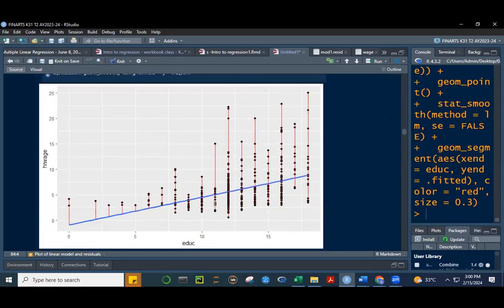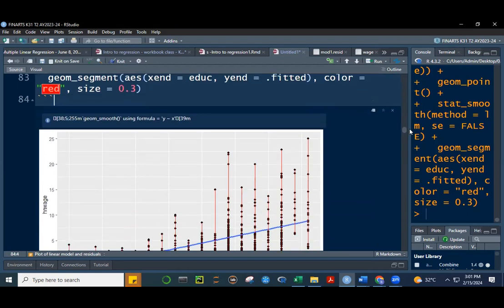The vertical lines joining the observed value and the fitted value, the blue line, are your residuals. And the regression line is called the line of best fit, and it has the smallest squared residuals. It has the characteristic that the sum of squared residuals is at a minimum.